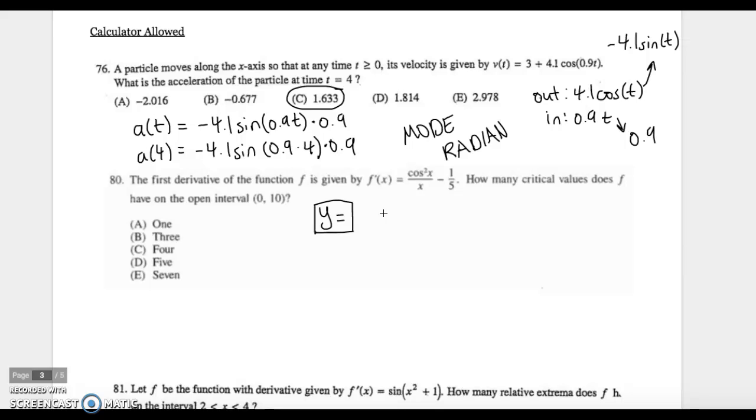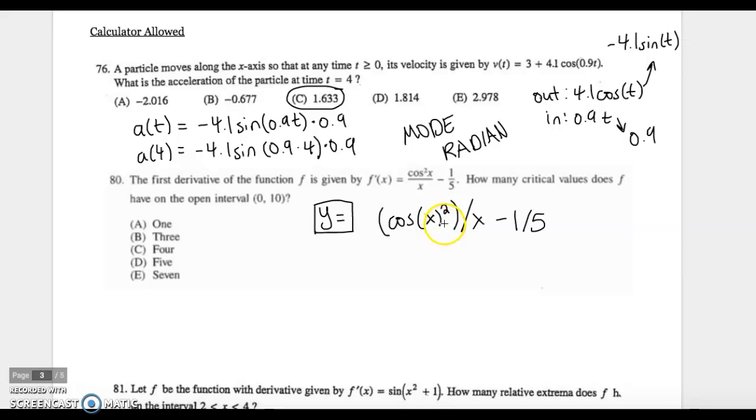I would do parentheses, cosine x squared, close those parentheses, squared, divided by x, minus 1 divided by 5. Okay, so that's in our y1 screen.